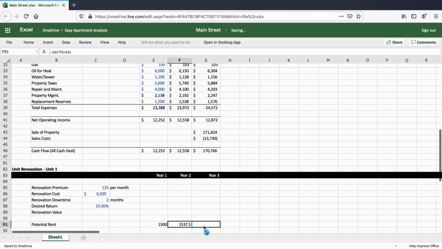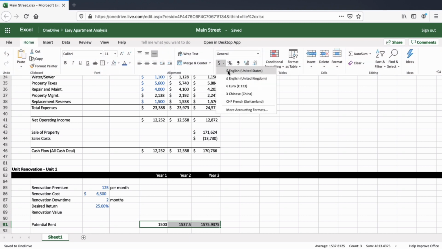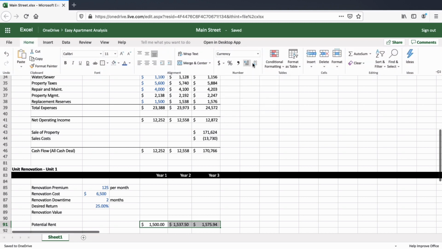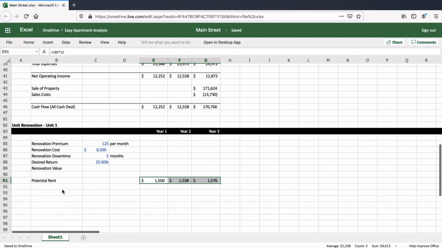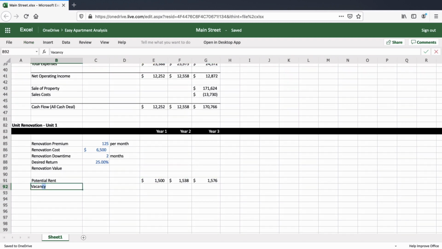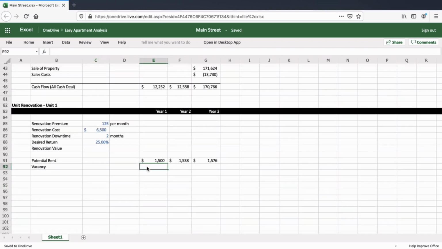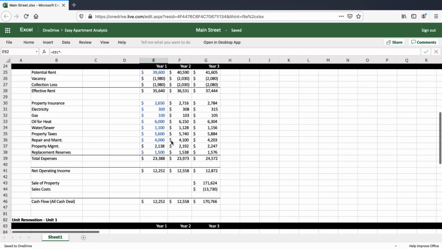Let's drag that formula across, change these to dollars, get rid of the decimal places, and there's our potential rent change. Next, vacancy. We need to multiply this times a negative vacancy amount.